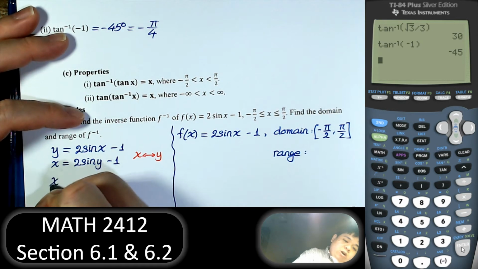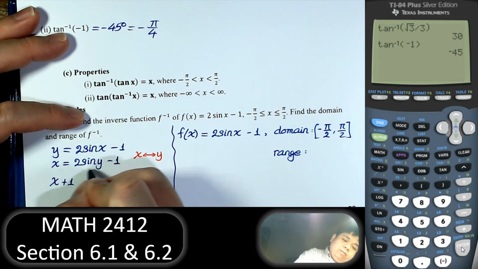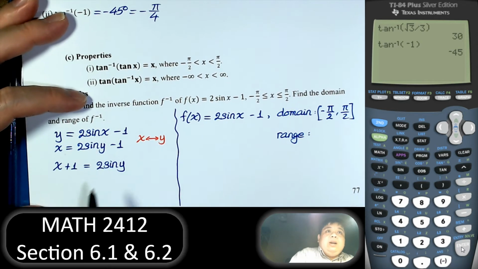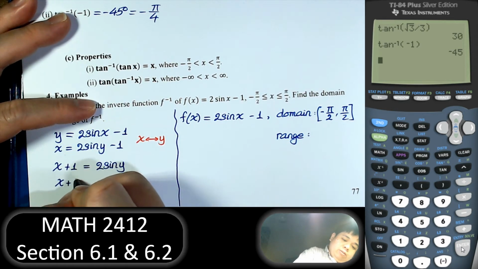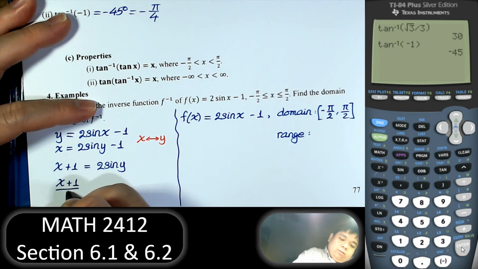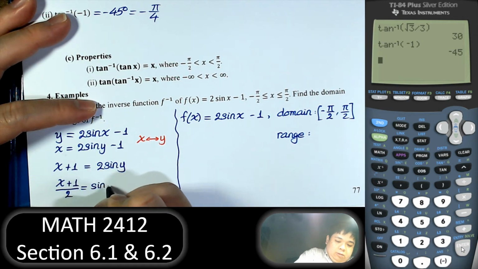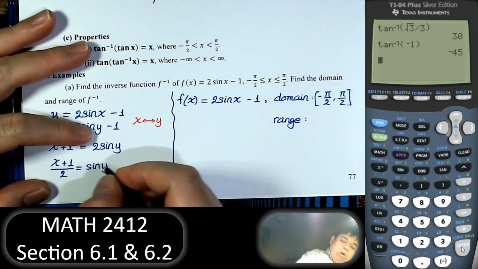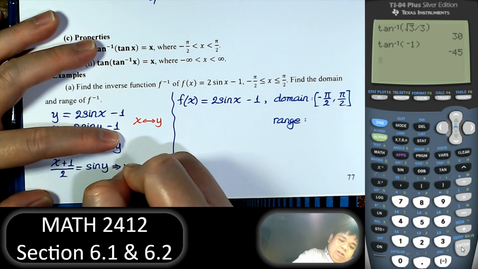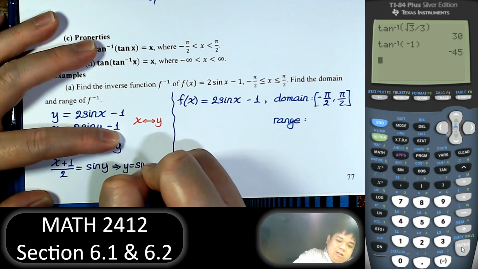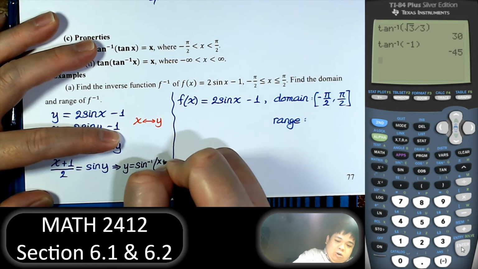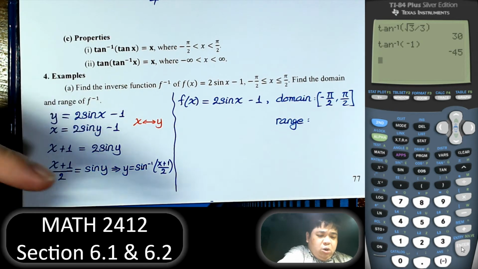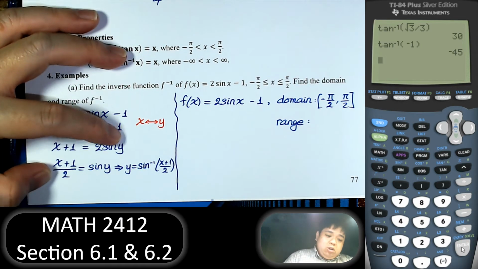We have x plus 1 equals 2 sine y, and divide by 2. If sine y is equal to that, then y will be equal to sine inverse of (x plus 1) over 2, right? So interchange x and y, and then we just solve for y.